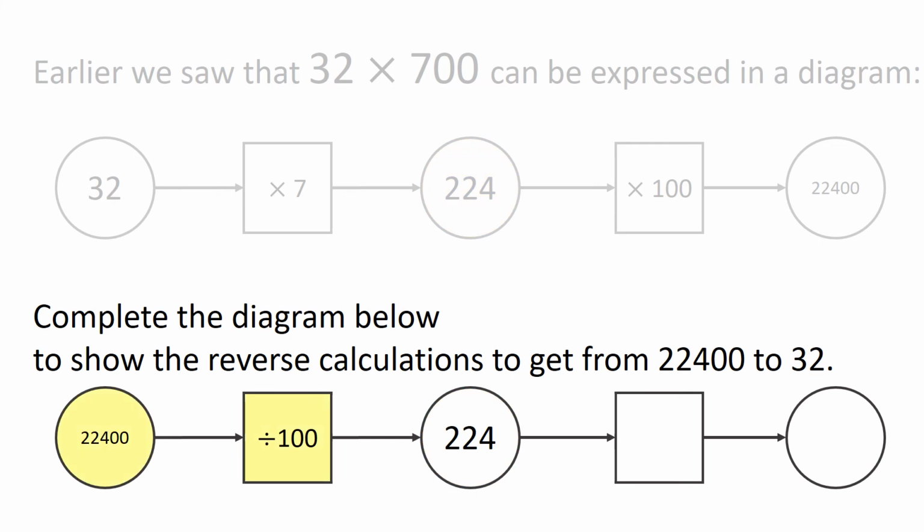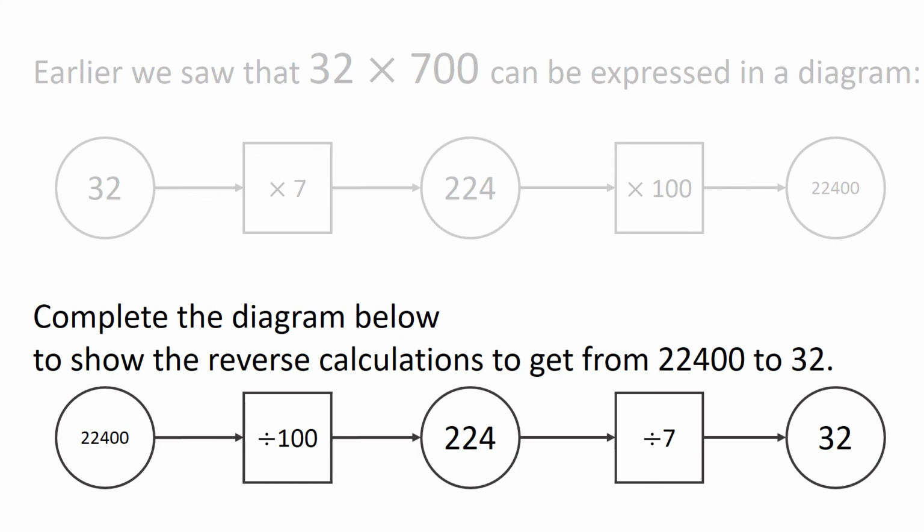So 22,400 divided by 100, as highlighted on the screen, is 224. Well, here the next step, of course, would be the opposite of the times by 7. We would divide by 7. So 224 divided by 7 will work us back to the original answer of 32.